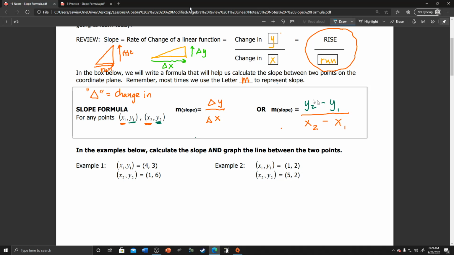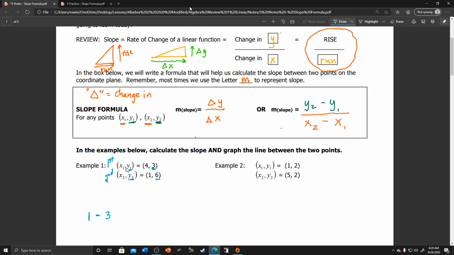So I'm going to follow this formula, but I can also just think, okay, first point, second point. So I need the y value of the second point, so 1, minus the y value of the first point. So that's going to be 3.